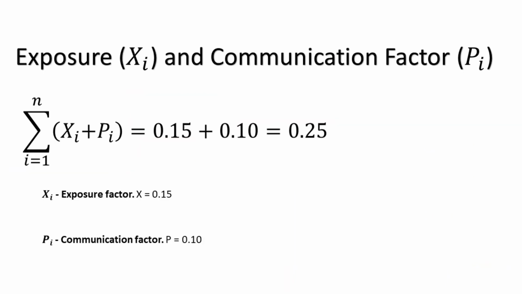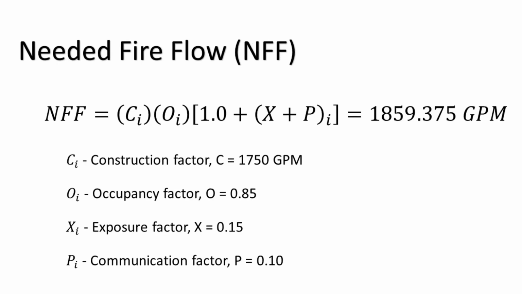At this point, we know that X is 0.15 and that P is 0.10. Therefore, X plus P is 0.25. In summary, construction factor is 1,750 gallons per minute, occupancy factor is 0.85, exposure factor is 0.15, and communication factor is 0.10.